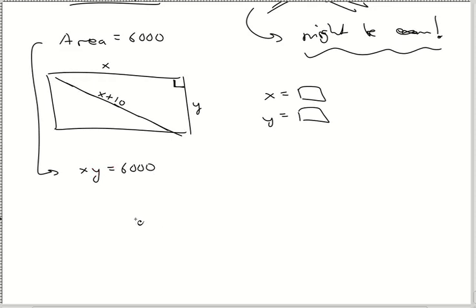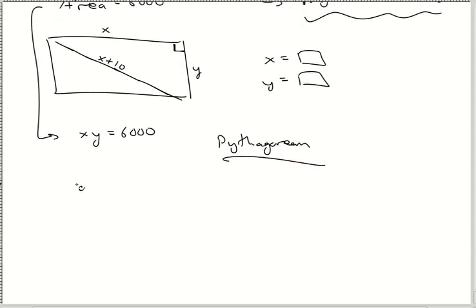The other thing that I can do, actually, from all this is the Pythagorean theorem. Pythagorean? I think I spelled it right. There you go. Basically, it's going to be x squared plus y squared is equal to r squared, or hypotenuse squared, or whatever you call it.